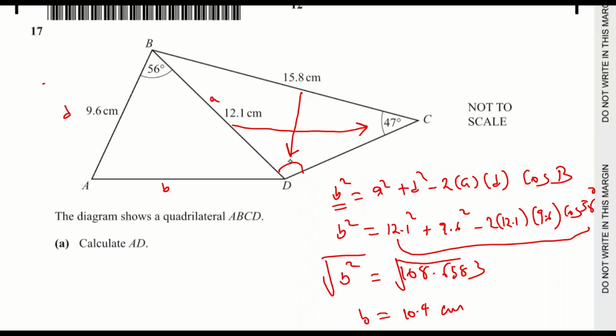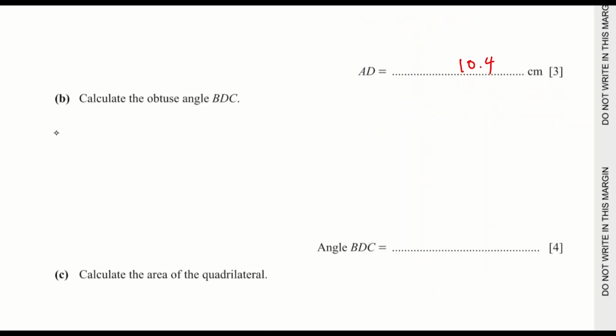So I'll say 15.8 over sine BDC equals 12.1 over sine 47.